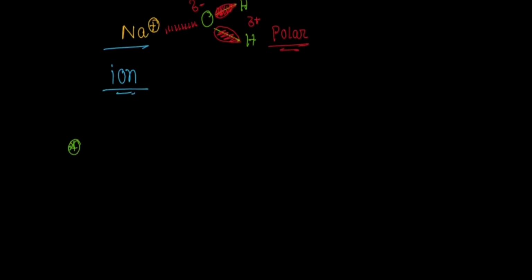Hydrogen bonding. Guys, I think you know that in biology you have heard about DNA, right? In DNA there are adenine, thymine, guanine, cytosine. These are the bases in a DNA. Have you seen these types of structures? In DNA there are double helix structures.